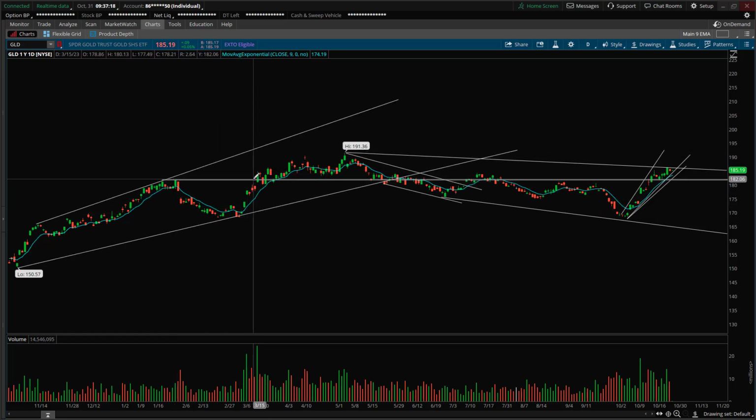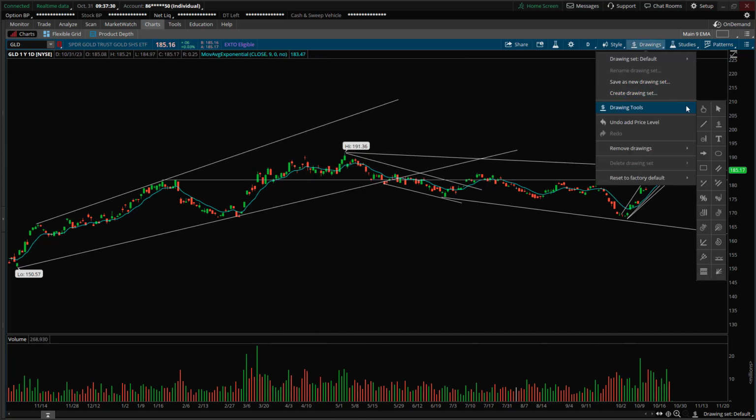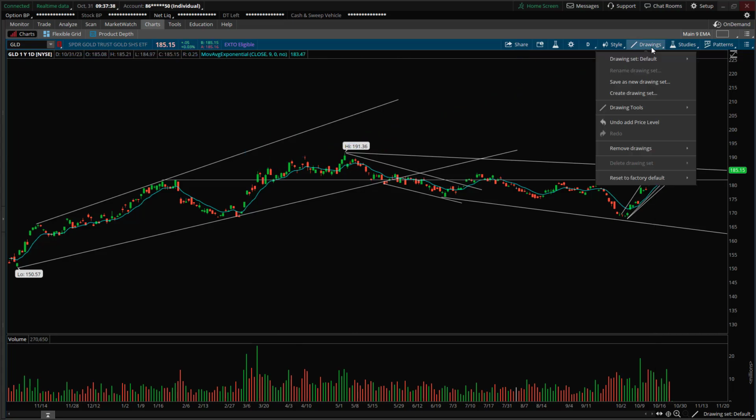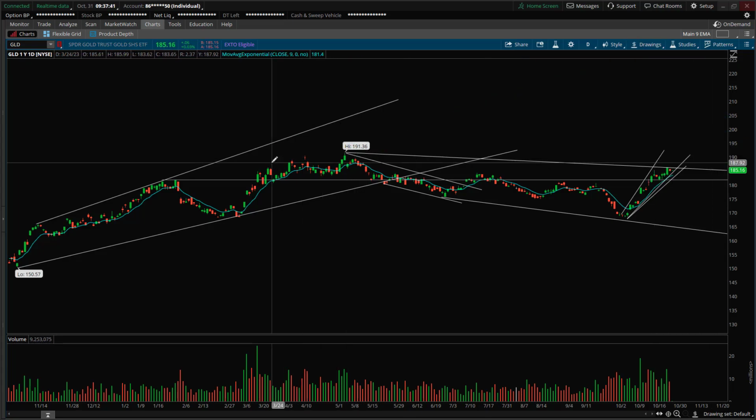It hit resistance at this horizontal support and resistance level, which was also a cup and handle, kind of consolidated a little bit. But this is where you could also adjust your trend lines along the way. So that's why it's important to extend them out to the future, because patterns change. Patterns fail and they adjust all the time.